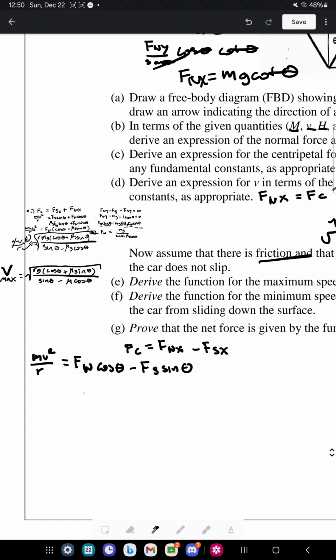and that is, let's see, I can split up f of s into mu s f of n, and then I can take the f of n out. F of n cosine theta minus mu, I'm not going to put in the s, I'm just going to put mu because there's only one type of friction in this scenario, mu sine theta.